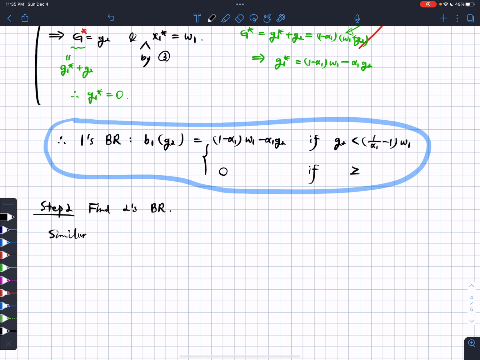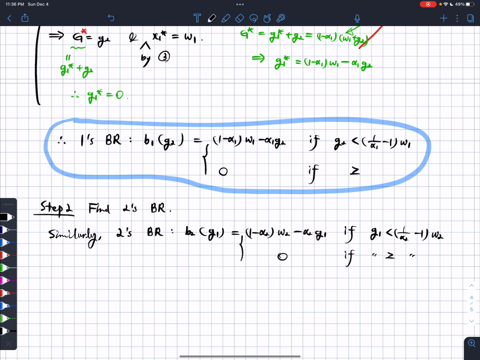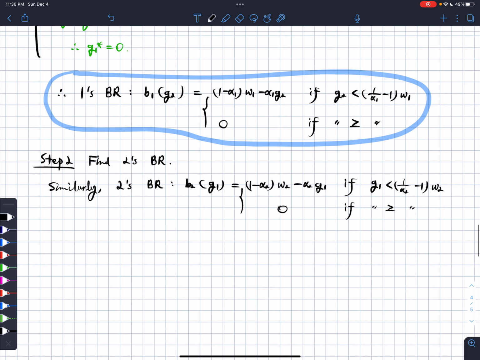Similarly, 2's best response, call that B2, depends on 1's contribution to the public good, G1. Okay, now this is step 2.